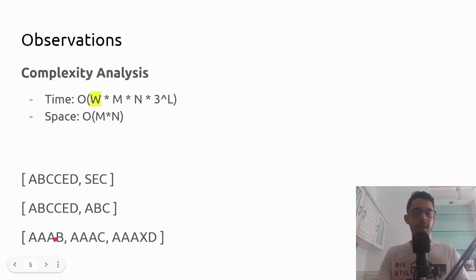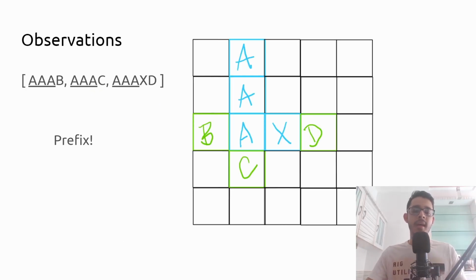And after AAA, we have a B in this case, C in this case, and X in this case. It looks like maybe dynamic programming is something we have to do. Or maybe not. Let's actually look at a visualization of this and maybe we'll understand it better. In this case, I have sort of designed this structure over here, and these are the strings that we want to search.